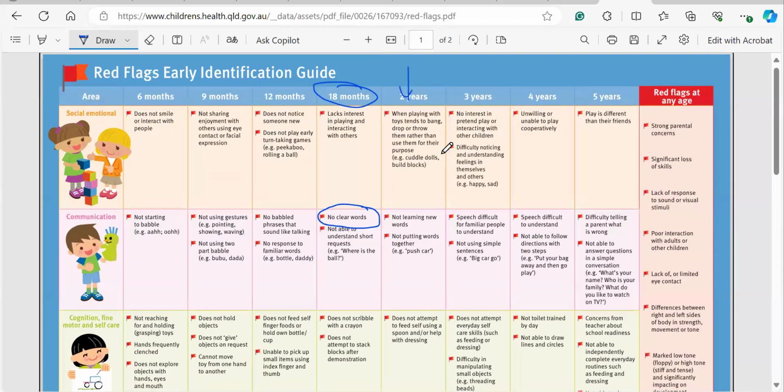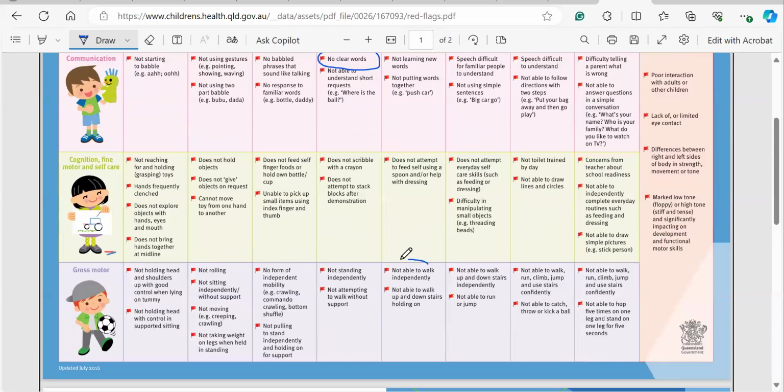According to RCH, if a child is not able to walk independently by 2 years, that's a red flag. And by 18 months, a child is supposed to stand independently.